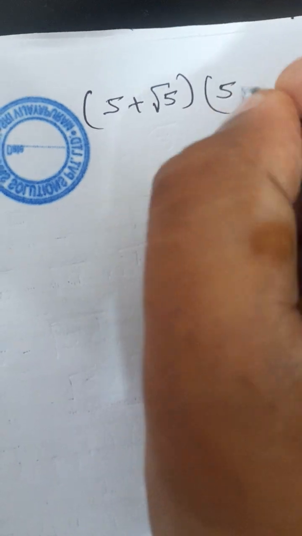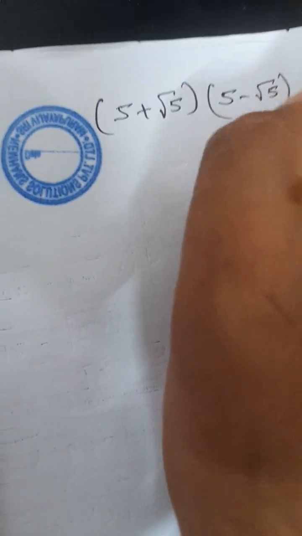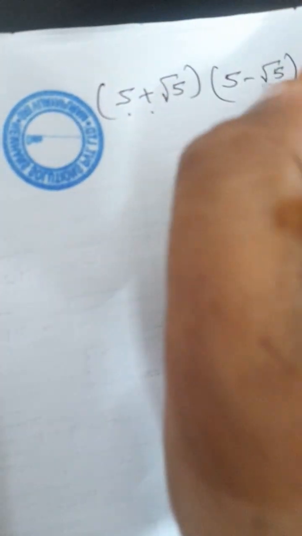You have the next sum, which says 5 plus root 5 and 5 minus root 5. This is again a plus b, a minus b, so you remember the formula: it is a square minus b square.